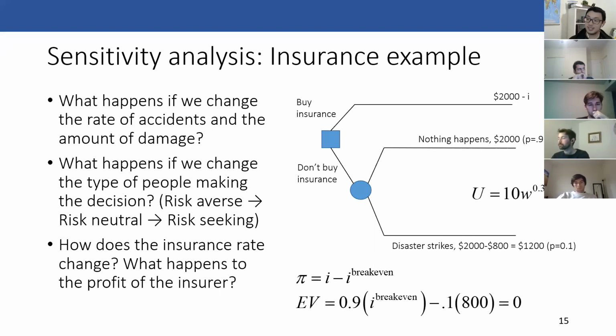So in this case, what would happen if we change the rate of accidents, and then what happens if we change one of the payoffs, like the amount of damage? So what happens if we change these parameters, the $800 damage or the probability of the accident happening?